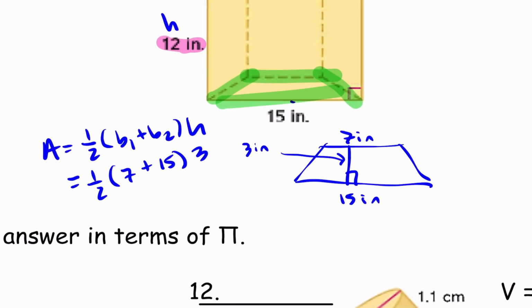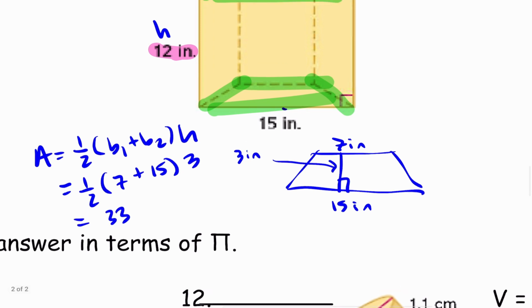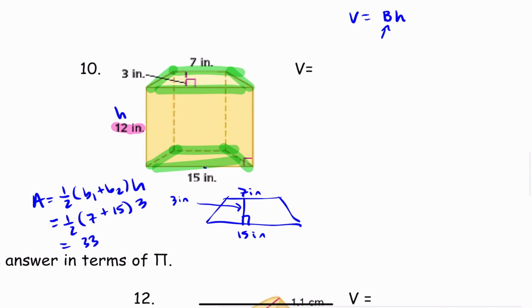All right, so I'm going to use my calculator. And the area is going to be 33. Okay, so capital B is 33, and the height of the prism is just 12.